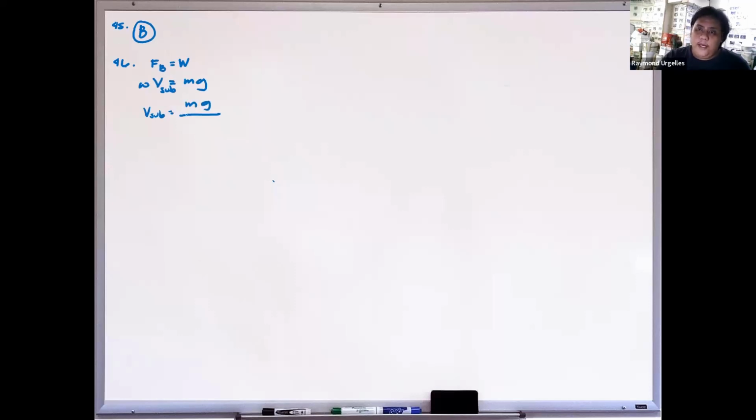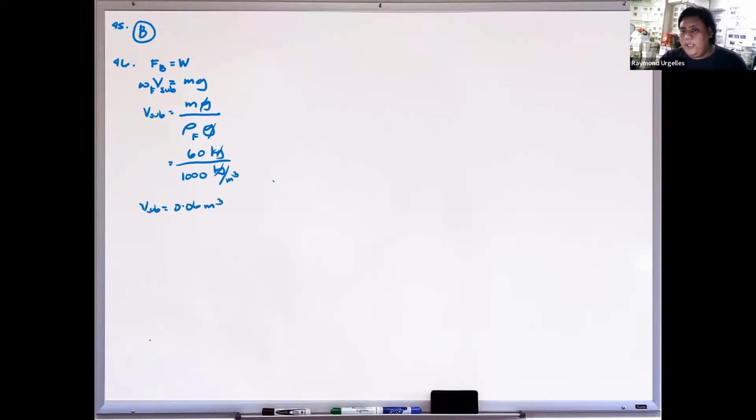Omega is the density of the fluid times acceleration due to gravity, so we can cancel gravity. So 60 kilograms divided by 1,000 kilograms per cubic meter gives 0.06 cubic meters, our submerged volume.